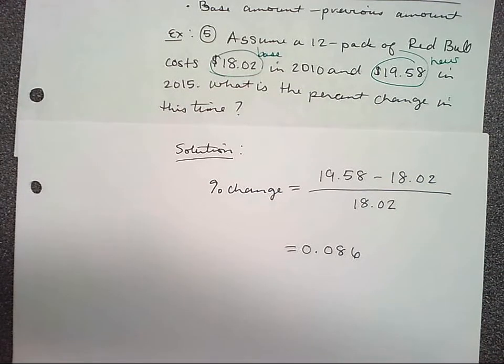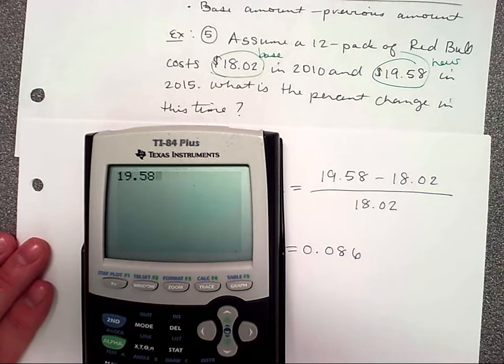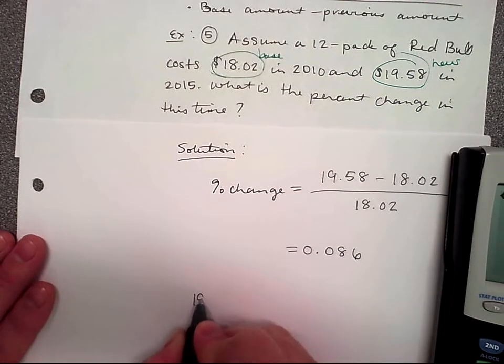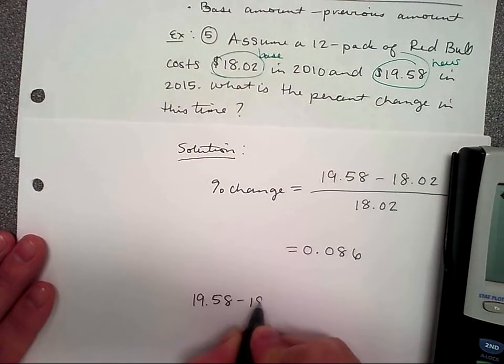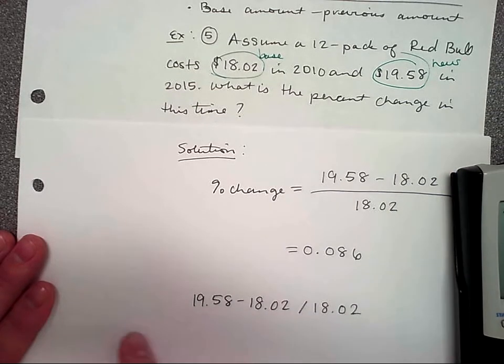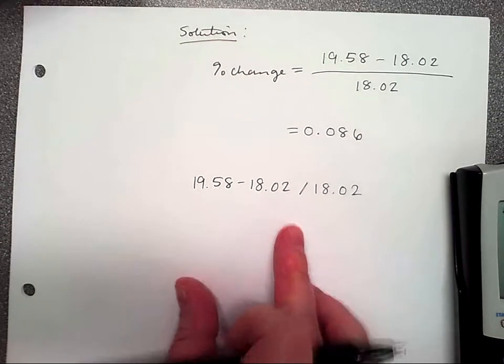Okay, let me put this in my calculator. 19.58 minus 18.02 divided by 18.02. Oh, you can't even see all that. Okay, this is what I just typed in: 19.58 minus 18.02 divided by 18.02. Is this good? I heard yes and I heard no.